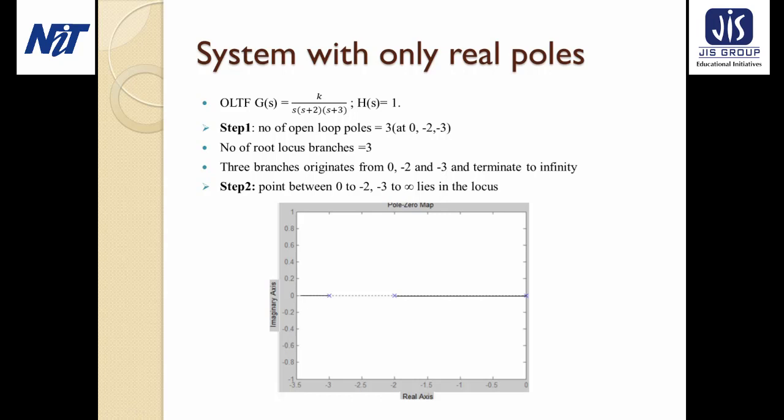So the points between 0 and -2 and from -3 to minus infinity lie in the locus, and the portion between -2 and -3, which does not, is represented by the dotted line.